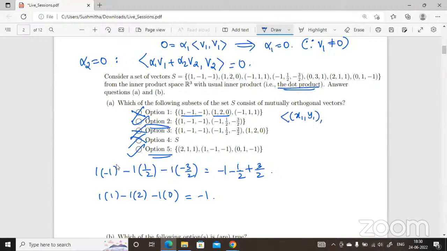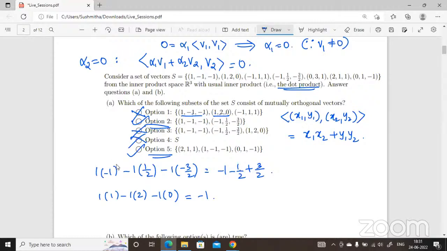For x1, y1 and x2, y2 it is defined as component-wise multiplication and then addition: x1 into x2 plus y1 into y2. So here it will be 1 into 1 plus minus 1 into 2 plus minus 1 into 0. That is minus 1. Thank you.